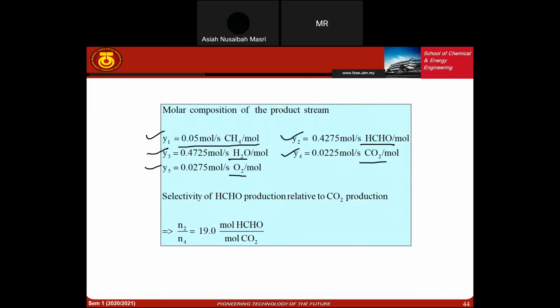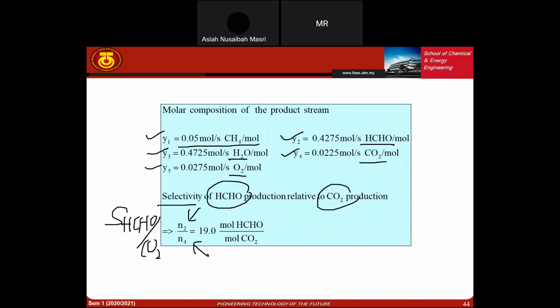The second question is asking for the selectivity of formaldehyde production over CO2 production. So what is this selectivity of formaldehyde over CO2? That would be moles of formaldehyde over moles of CO2.